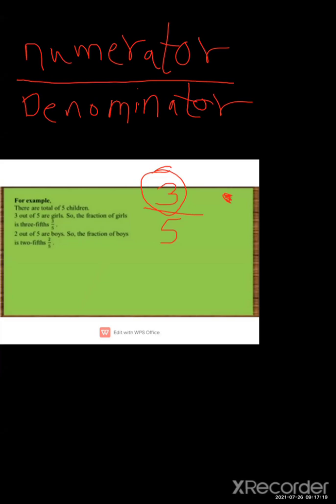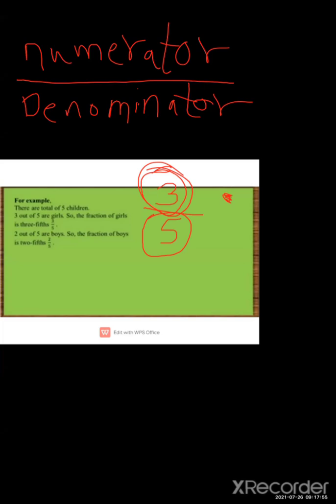The above number you will call the numerator, and the down number you will call the denominator. ऊपर के number को हम बोलते हैं, it means 3 is the numerator and 5 is the denominator. Okay, so if the question asks that they want to divide, उनको अलग उसमें से निकालना है थोड़ा सा, so what you will do, you will write the total number downside and the removing part, the divided part, above.